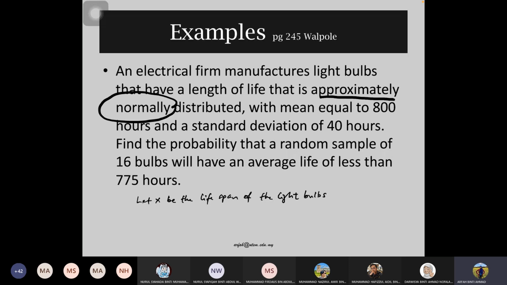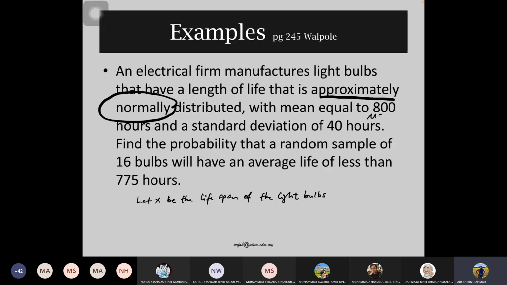Population, okay, correct. Because it did not say that these are from a sample, this means they are from the population. So you have mu equal to 800 and sigma equal to 40.